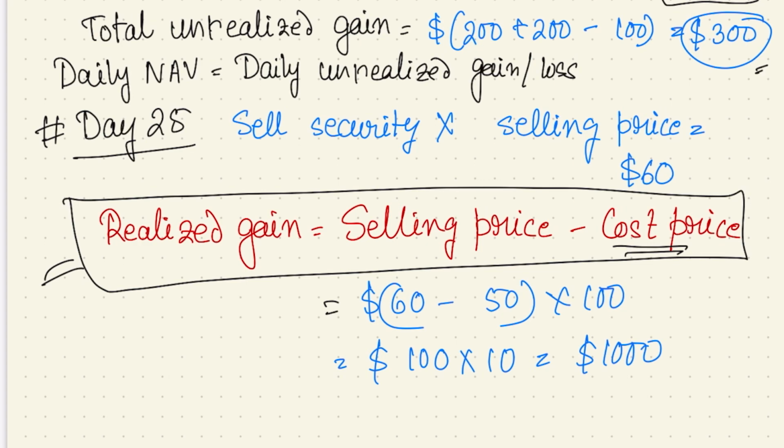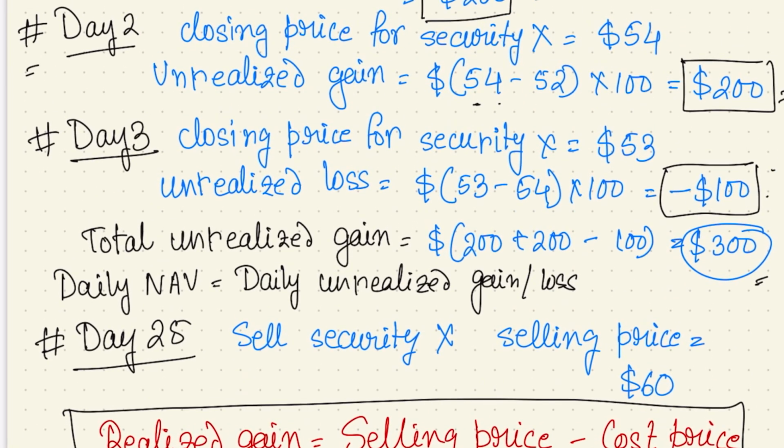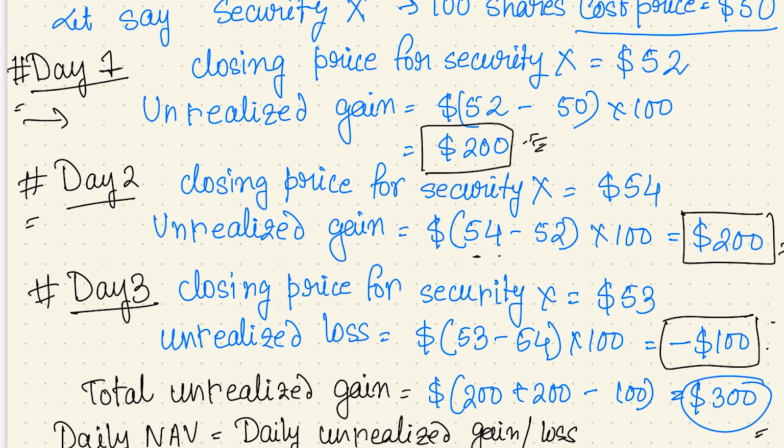If you are working on a monthly fund, then this concept doesn't hold even if you are doing a daily portfolio. Unrealized gain and loss will not matter on a daily basis, because ultimately if the security is sold in a monthly fund, you will take the total impact, which is a realized impact. So I hope this concept is clear to you about unrealized and realized gain and loss for trade.